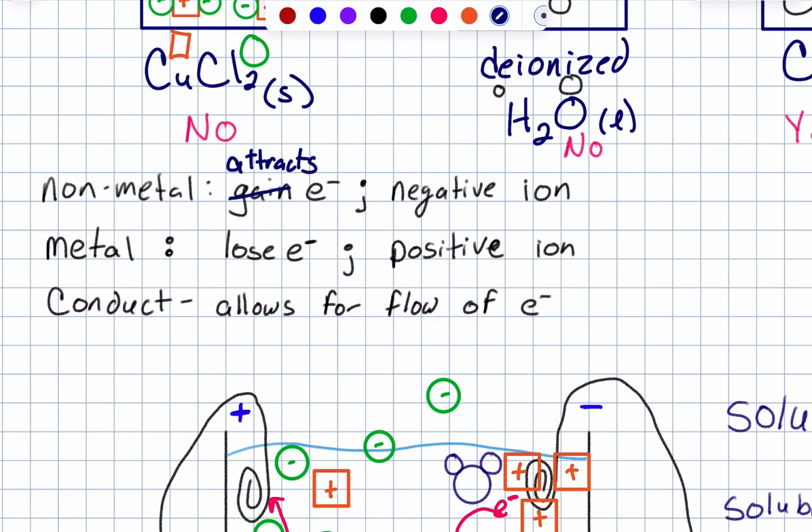My metal, we're going to change this to breaks attraction, to its electron. And so, because it's breaking the attraction to its electron, it forms a positive ion. There's more protons than electrons. And we said that conduction allows for the flow of electrons. It allows our electrons to flow.